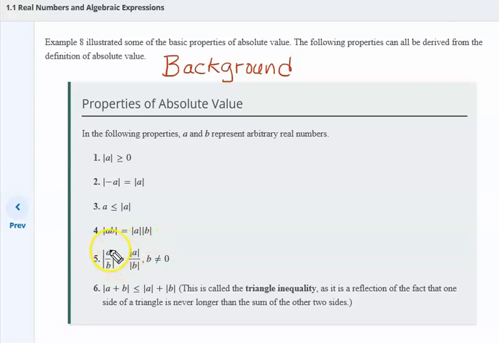And again, in its fractional form, you could separate the numerator and denominator, and keeping in mind the restriction that the denominator cannot be equal to 0 here. And in something like this, this is called the triangle inequality, and the reflection of the facts that one side of the triangle is never longer than the sum of the other sides. That's an interesting point.